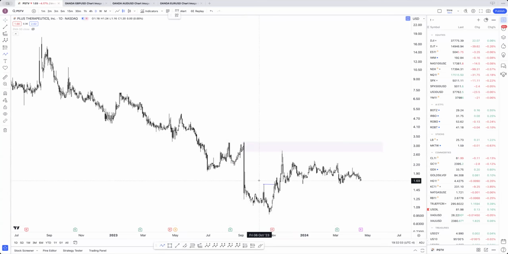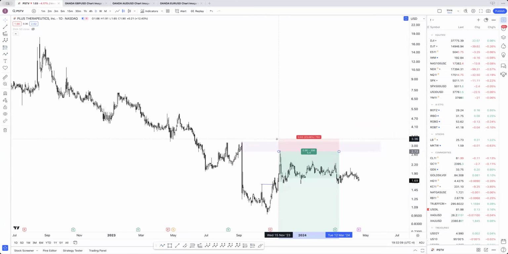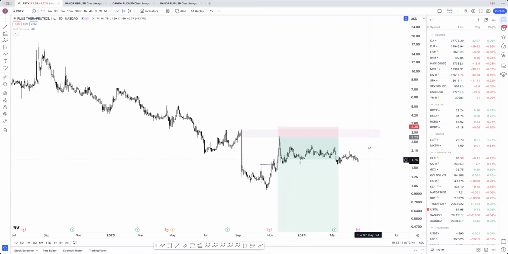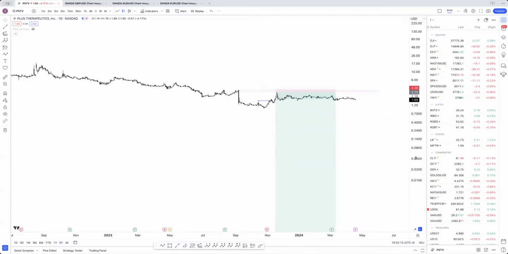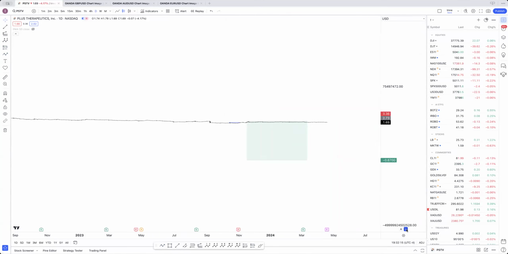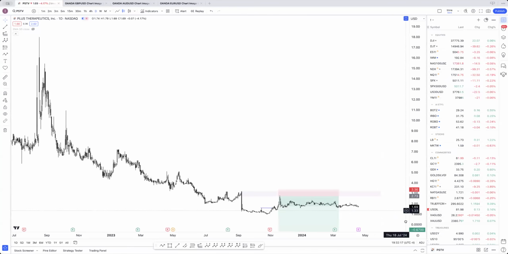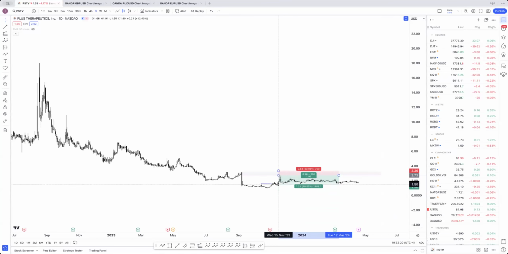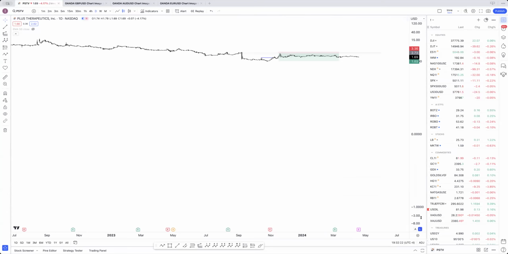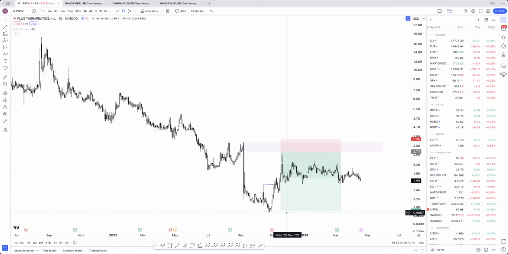What happened? Market tapped in the order flow and went down. All right, where are we targeting? We're targeting the prior lows down here.